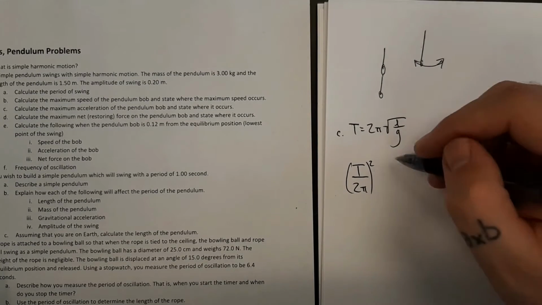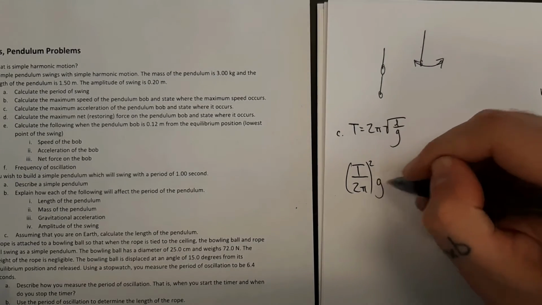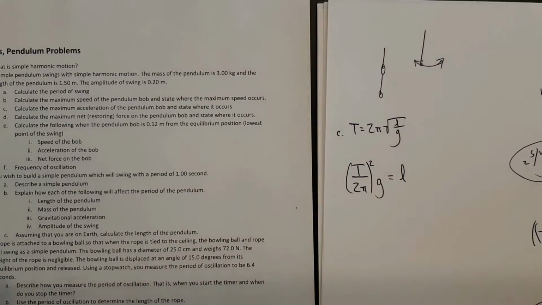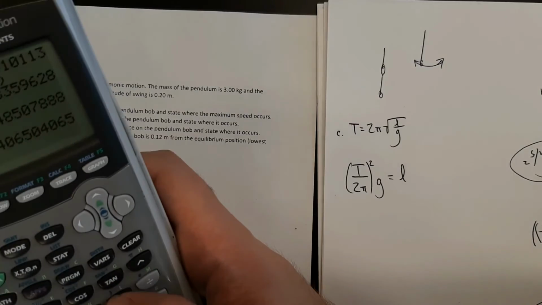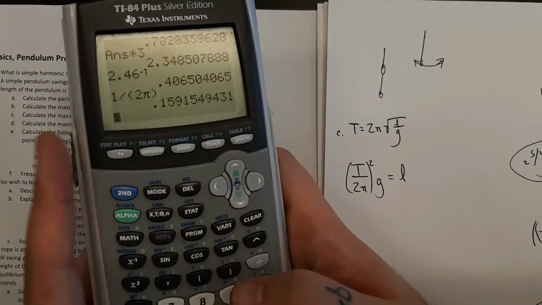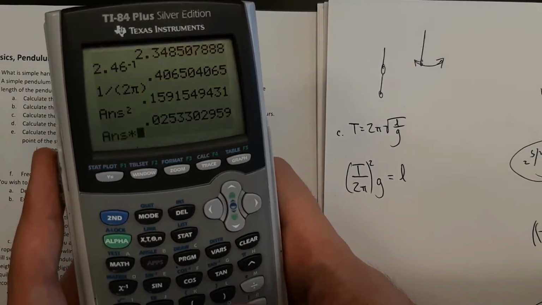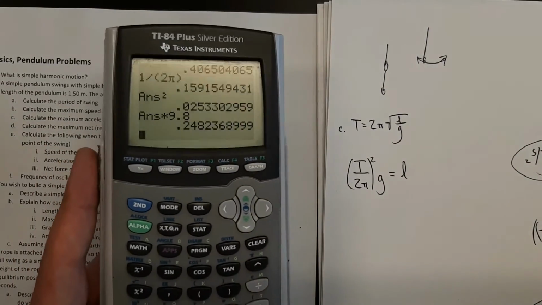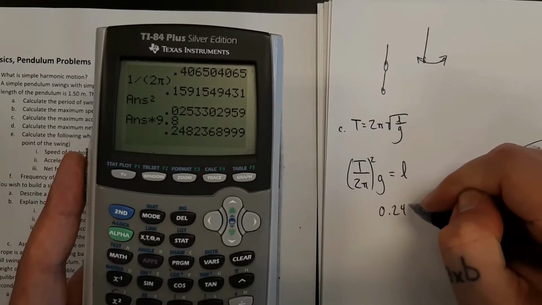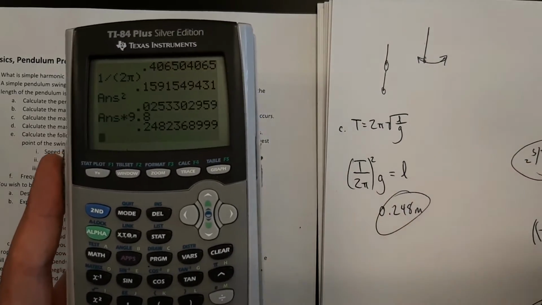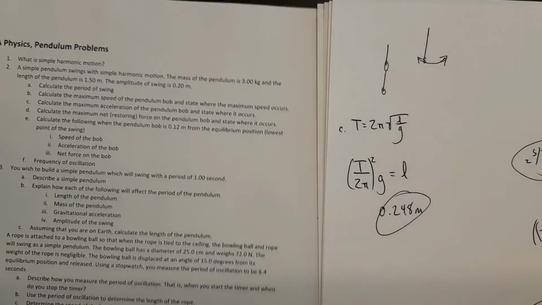And then we're looking for L, so multiplying g over. Our period is 1 divided by 2 pi, so 1 over 2 pi. Squaring that, multiplying by 9.8, gives us a length of this pendulum of 0.248 meters. Done. That was easy.